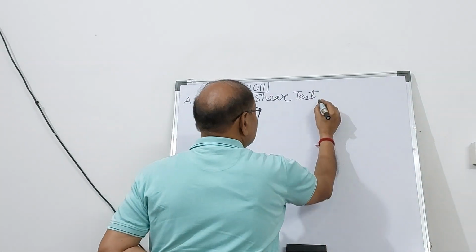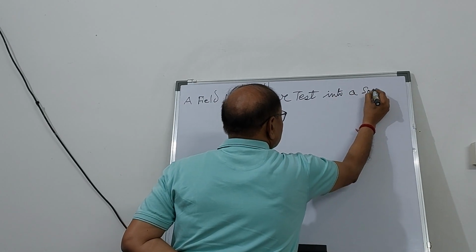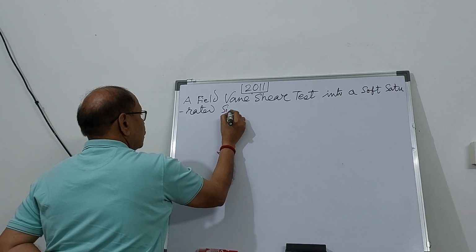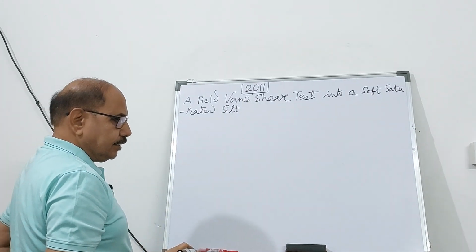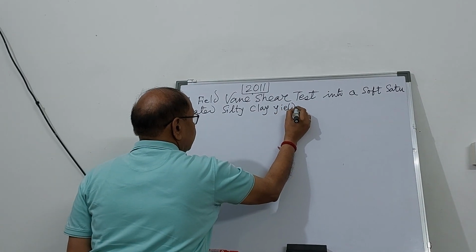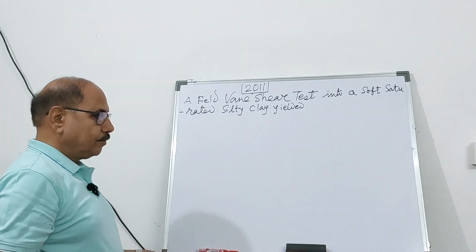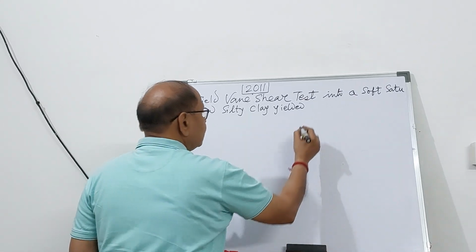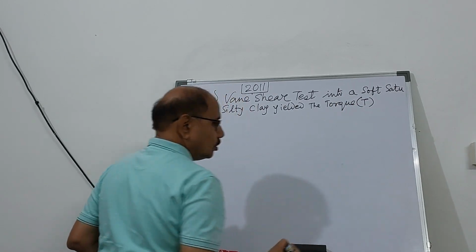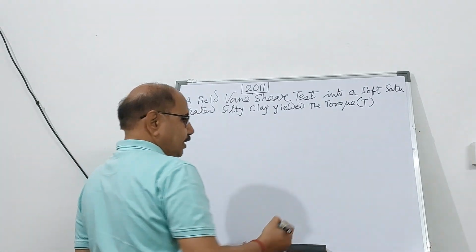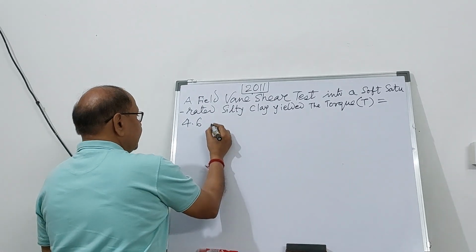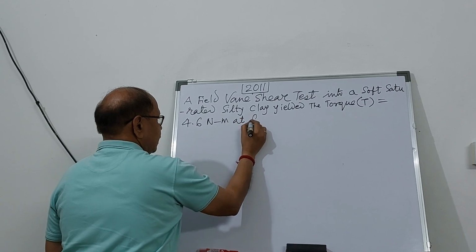Into a soft saturated silty clay yielded the torque T equal to 4.6 Newton meter at failure.